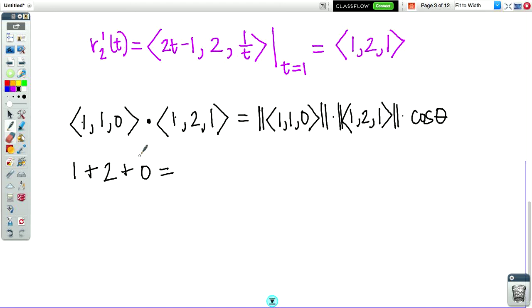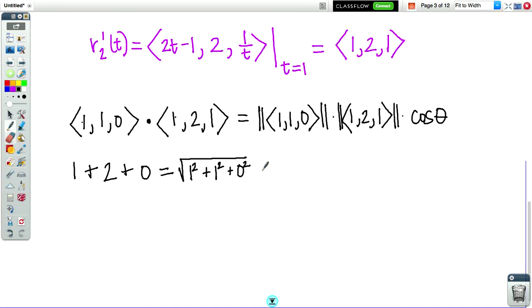It's nice that the dot product is that easy because it's so useful for finding the angle between these things. Now we just need to find the magnitude of the first vector. The magnitude is where you square each component, add them together, and take the square root. So this is the square root of 1 squared plus 1 squared plus 0 squared. I'm writing this all out even though you probably don't need me to.